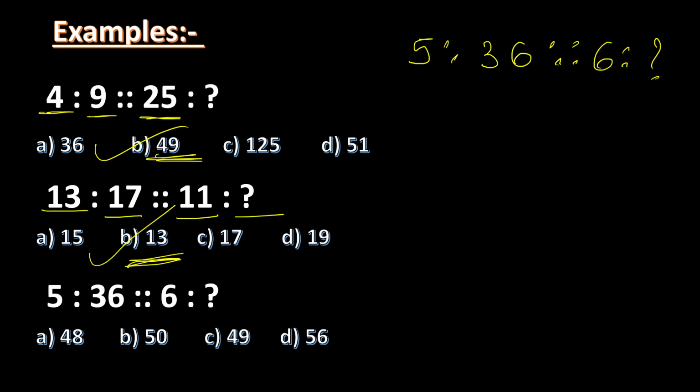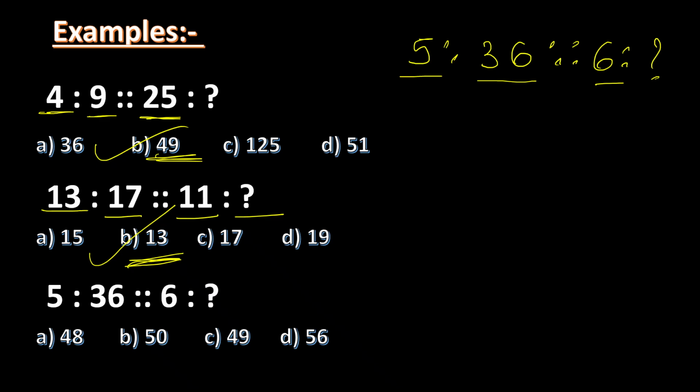First one comes as a prime number. 5 can be a prime number, but are 36 and 6 prime numbers? No. So prime number is deleted. Next comes what? Square, correct? 5 is not a square, okay? But 36 you can see it's a square, correct?